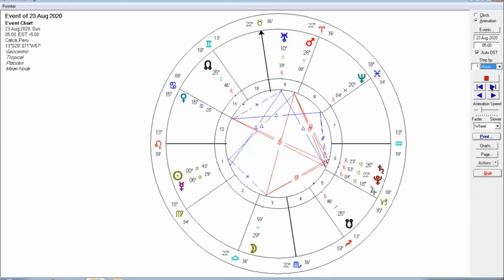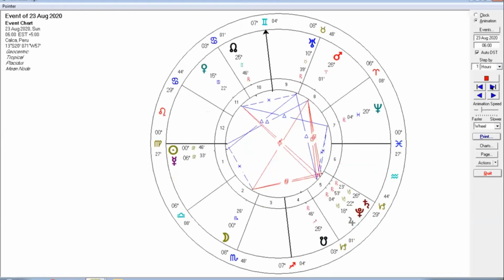So to show you that, I'm going to move the chart forward an hour at a time. Before I was moving it days at a time. And the planets move clockwise through the houses. If you remember, the flow of the moon through the signs was anti-clockwise.